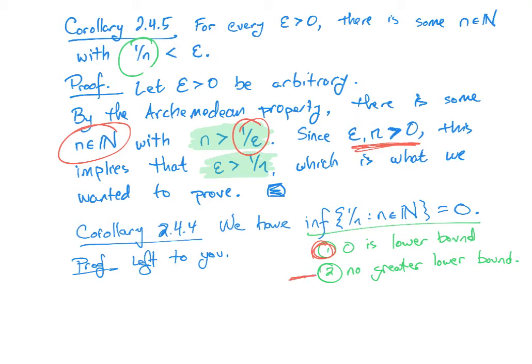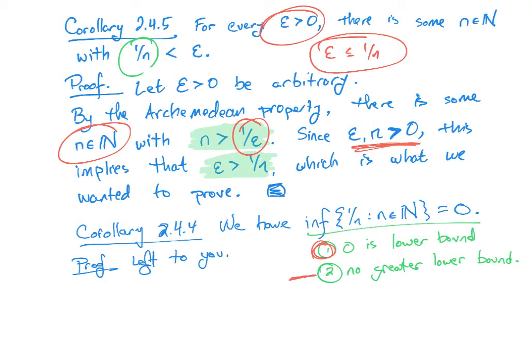Why is there no greater lower bound? If there were some greater lower bound, what would that be? That would be an epsilon greater than 0 such that epsilon is a lower bound, such that epsilon is less than or equal to 1 over n. But that's a direct contradiction to the corollary we just proved.